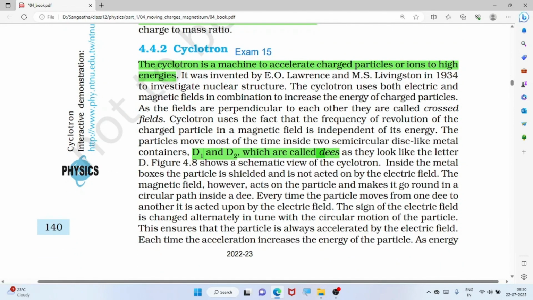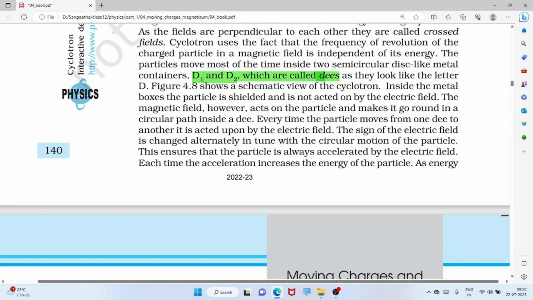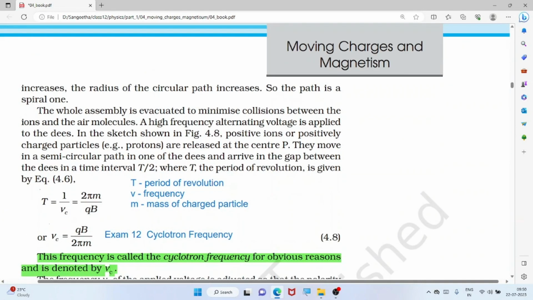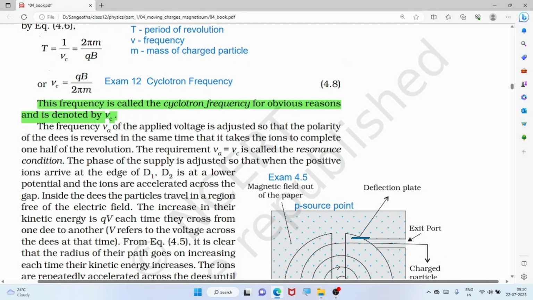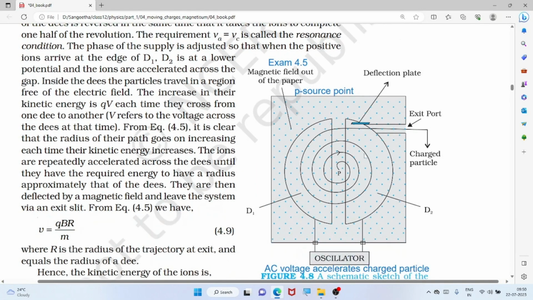Cyclotron is a machine to accelerate charged particles or ions to high energies. These are the D's. Here we have the period of oscillation, frequency, mass of the charged particle, and the cyclotron frequency. We have 2 D's and a magnetic field, and here is the source of the charge.